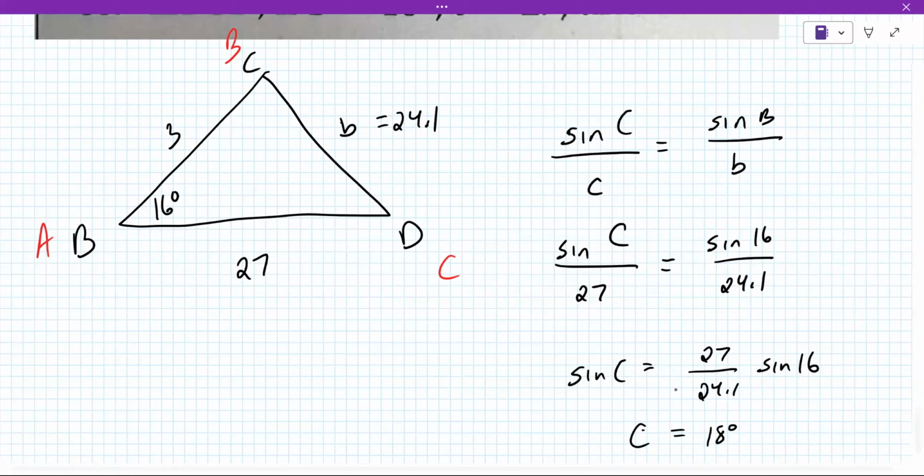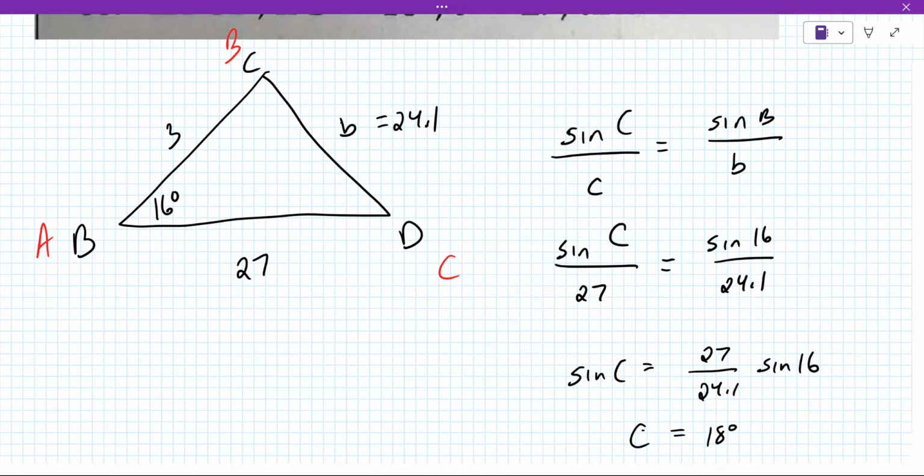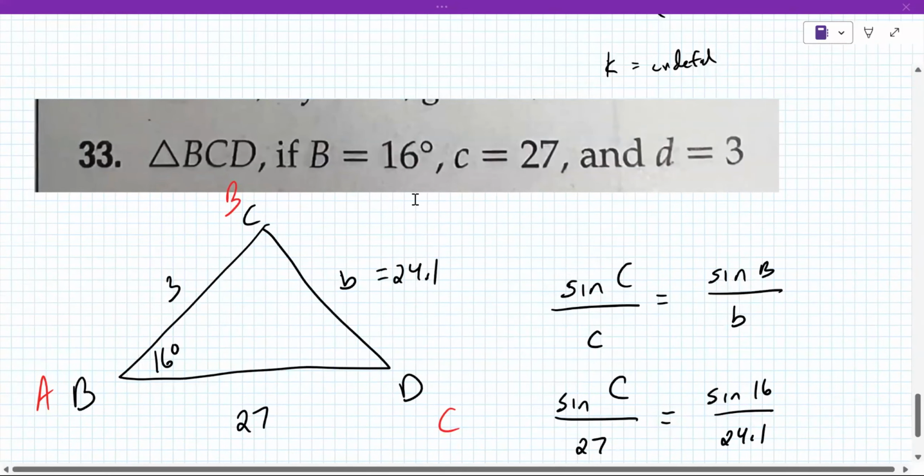Yes. And then we'll find the missing angle here by subtracting from 180. So then you would add the angles up or subtract from 180.